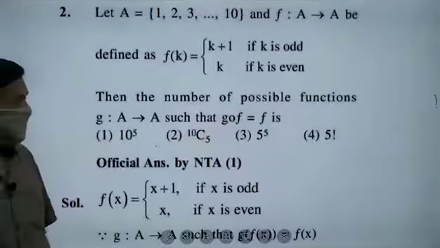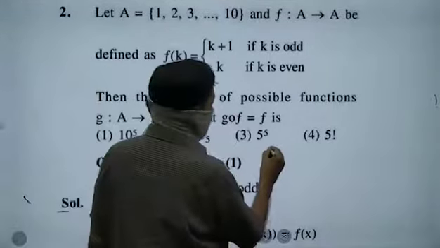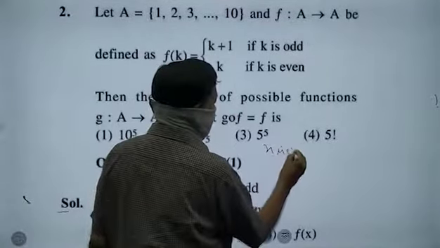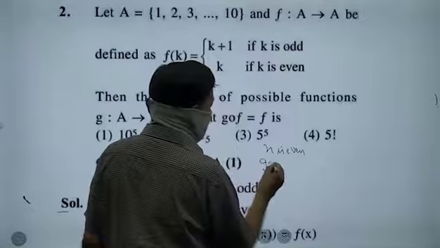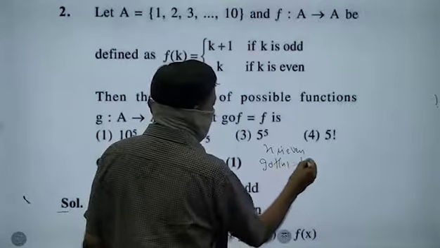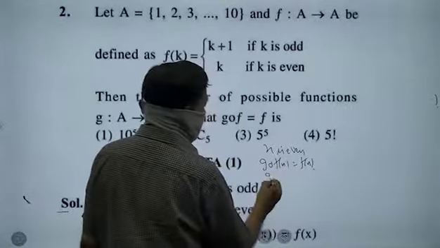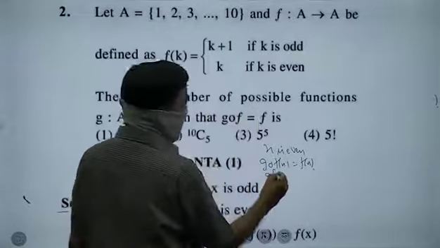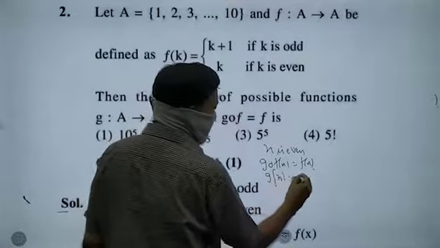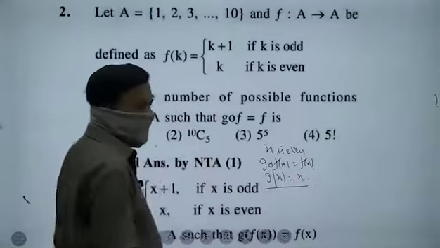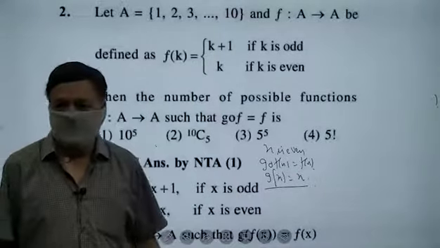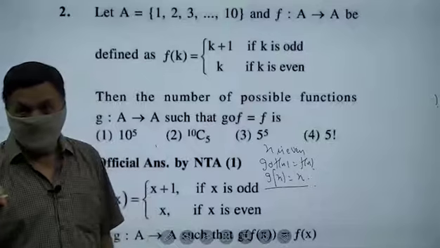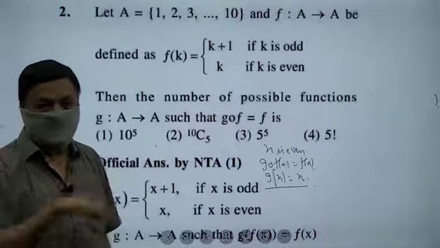Yes, understood? So now let us say x is even. g circle f of x is equal to f of x. When x is even, f of x is x. So g of x is equal to x you will get. So if x is even, g of x is x.